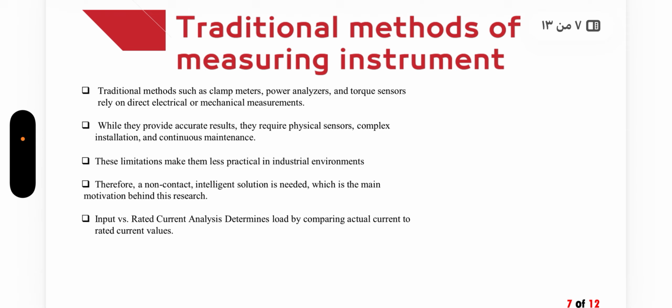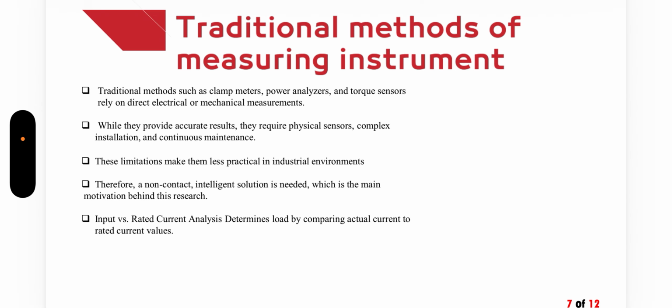Traditional method of measuring instrument. Traditional methods such as clamp meters, power analyzer, and torque sensor rely on direct electrical or mechanical measurements.